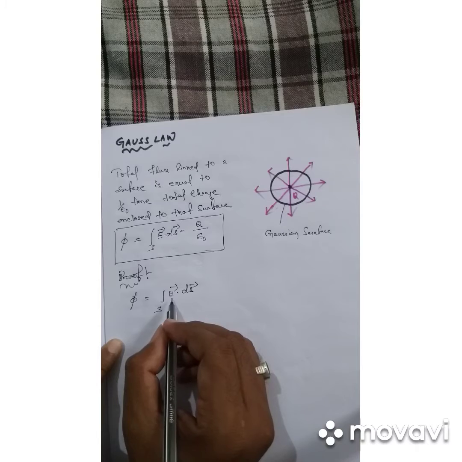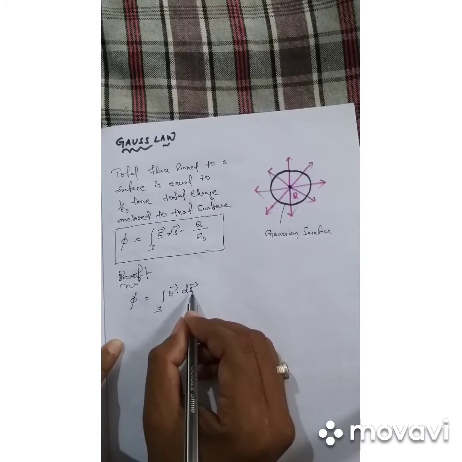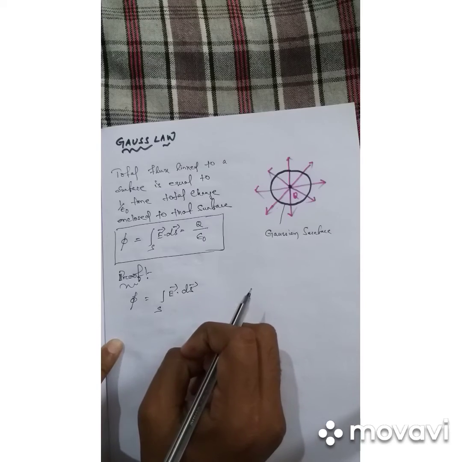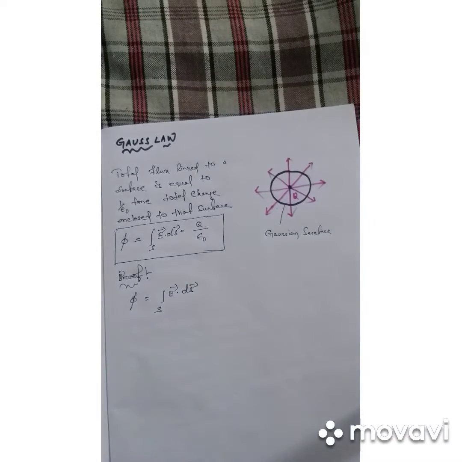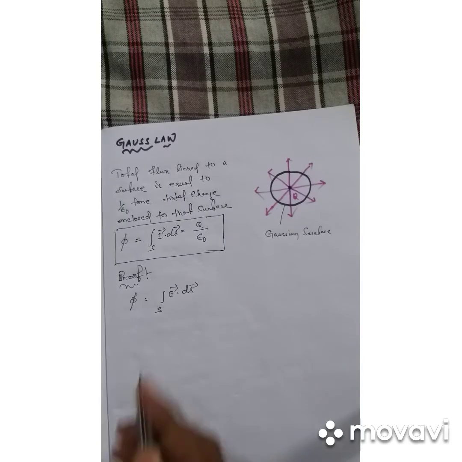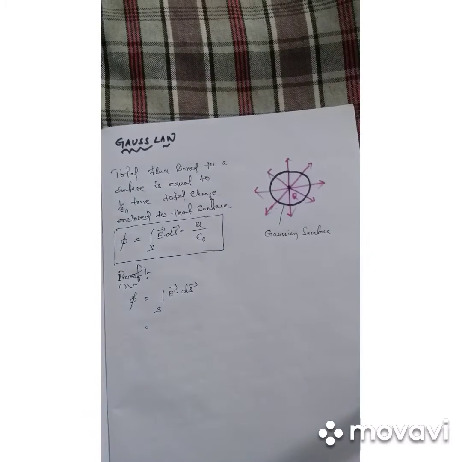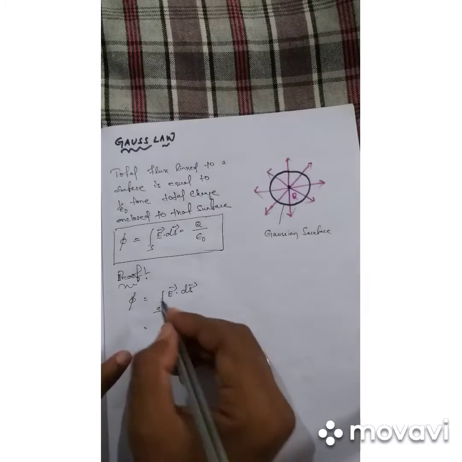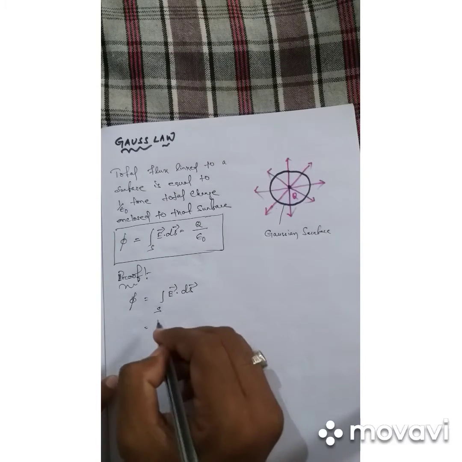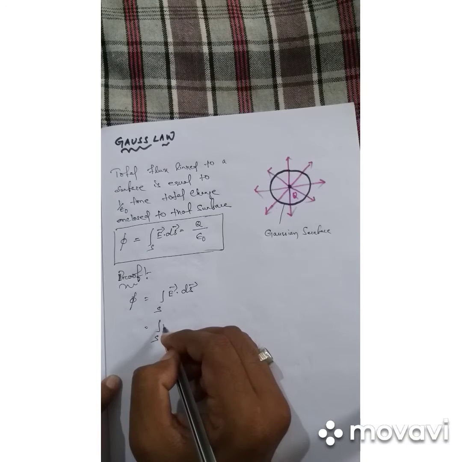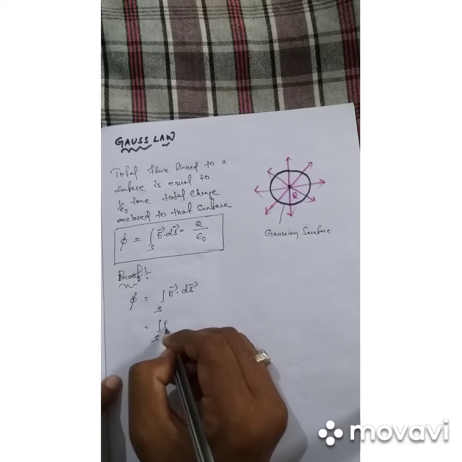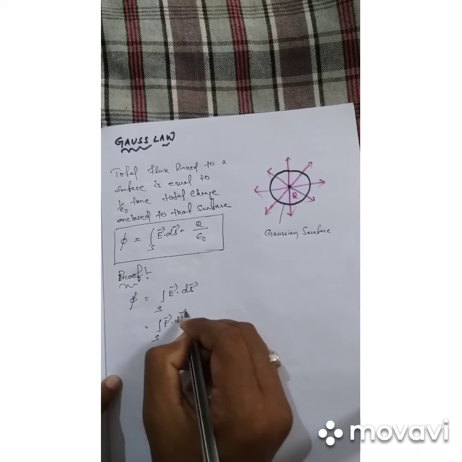Here the electric field and area vector both are vector quantities, so the dot product is given by the surface integral of E vector dot dS vector.